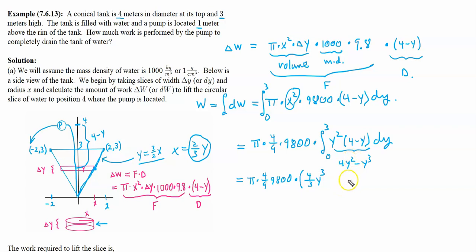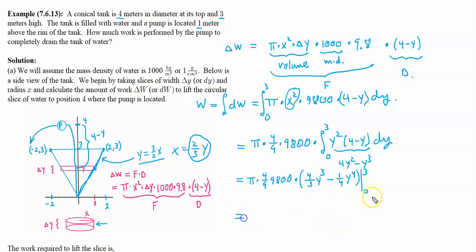Okay, right, that's the antiderivative of y squared, y cubed over 3, minus the antiderivative of y cubed, which is y to the 4th over 4. Let's just write that like this, 1/4 y to the 4th power. And then we need to evaluate that from 0 to 3. So we put 3 in here for y, 0 in here for y, and take the difference.